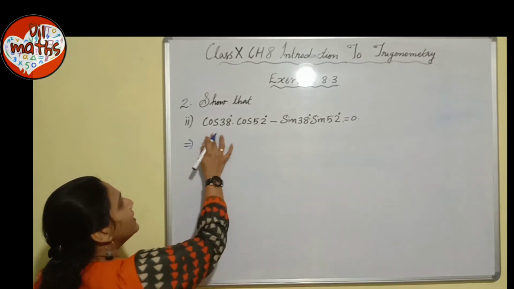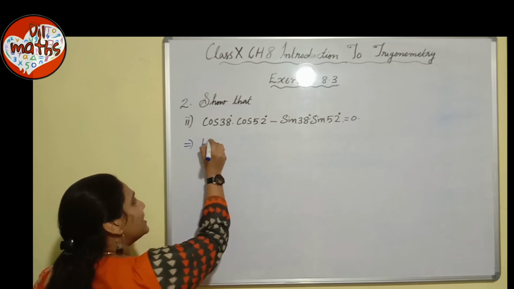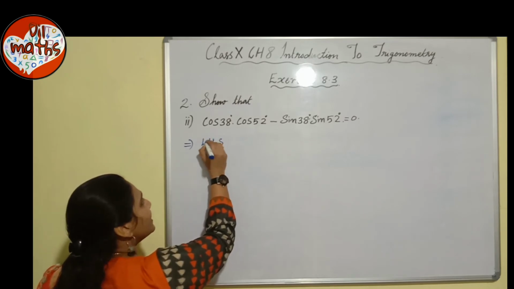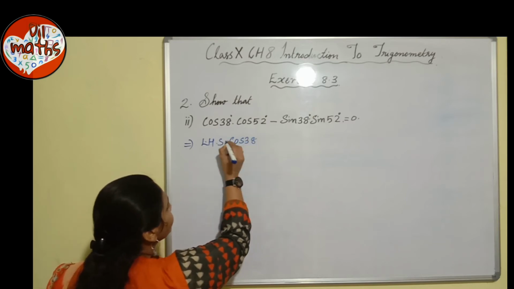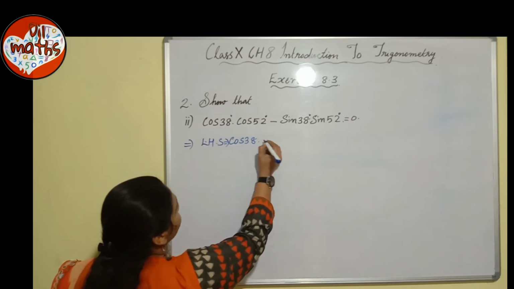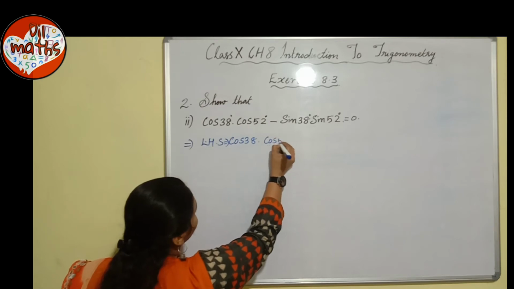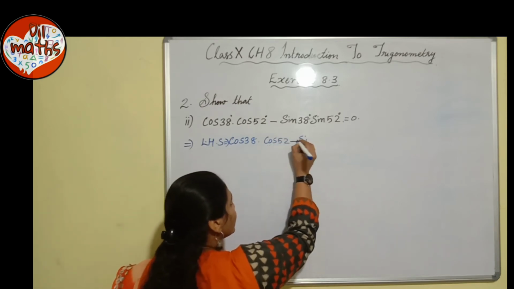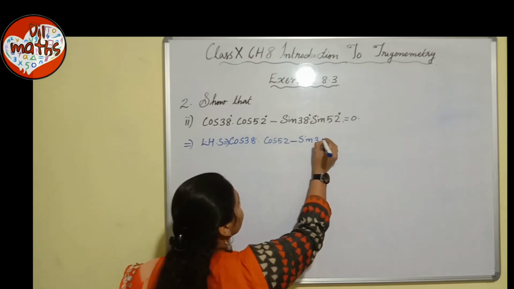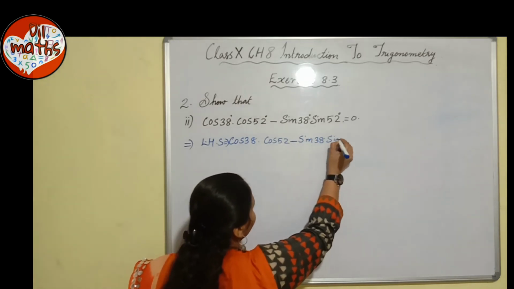So we'll check. That means LHS we have to rewrite: cos 38 into cos 52 minus sin 38 into sin 52.